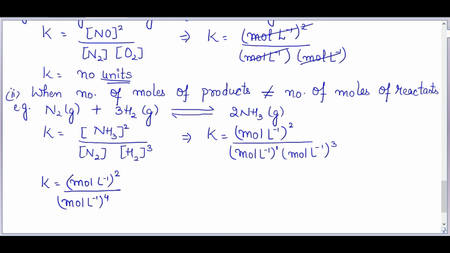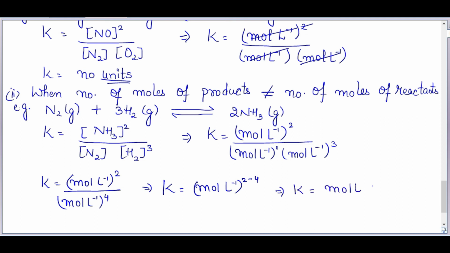Definitely now I'm again having common terms and these powers are in division, so definitely I'll subtract these powers from each other. Okay, here I'm having positive 4. If I take this 4 in numerator, it will be minus 4. So K equal to mole liter inverse power 2 minus 4. Definitely 2 minus 4, that means minus 2, right?